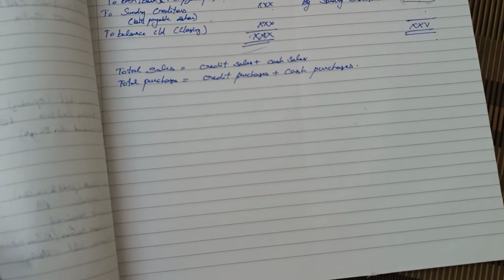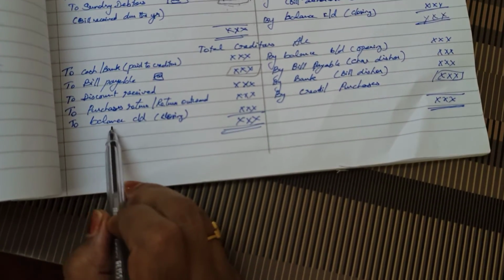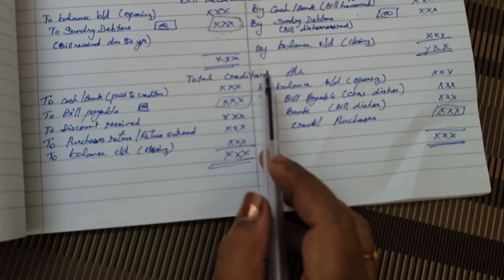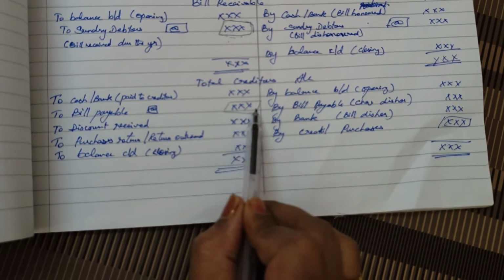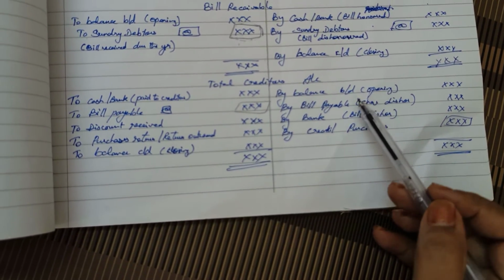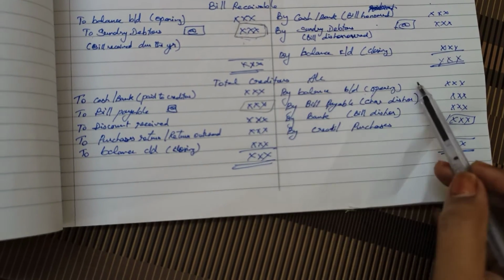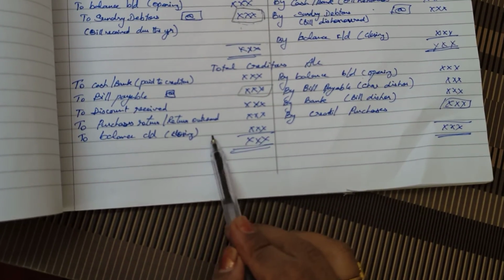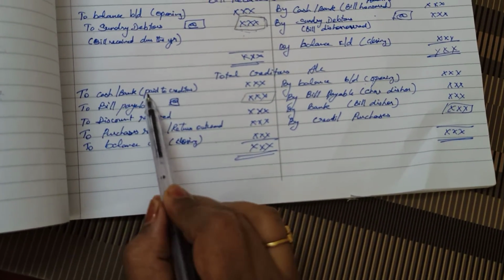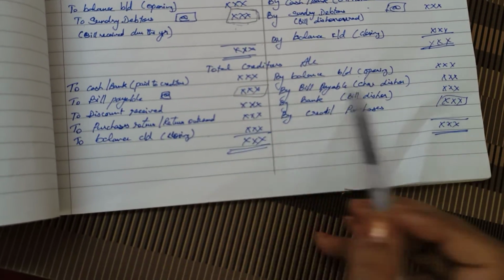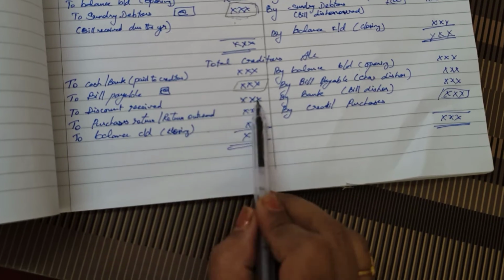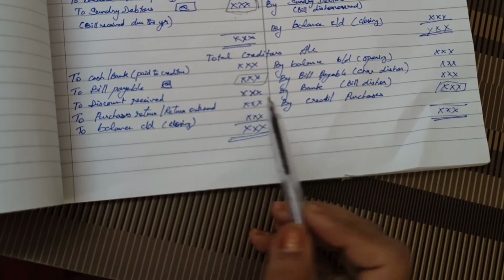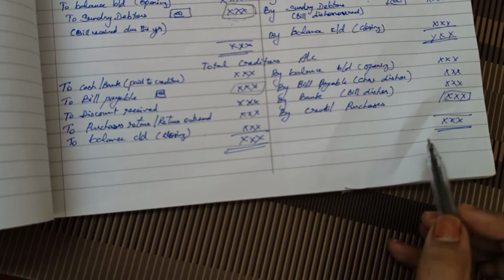This is on the credit side, so obviously you will post it on the debit side of the total creditors account. So you will write here to bills payable and the amount in the journal. Then after that you will open the creditors account: opening balance, closing balance, cash paid, cheque paid to your creditors, bills honored, then discount received, purchase return, or the other word return outward, will be given.